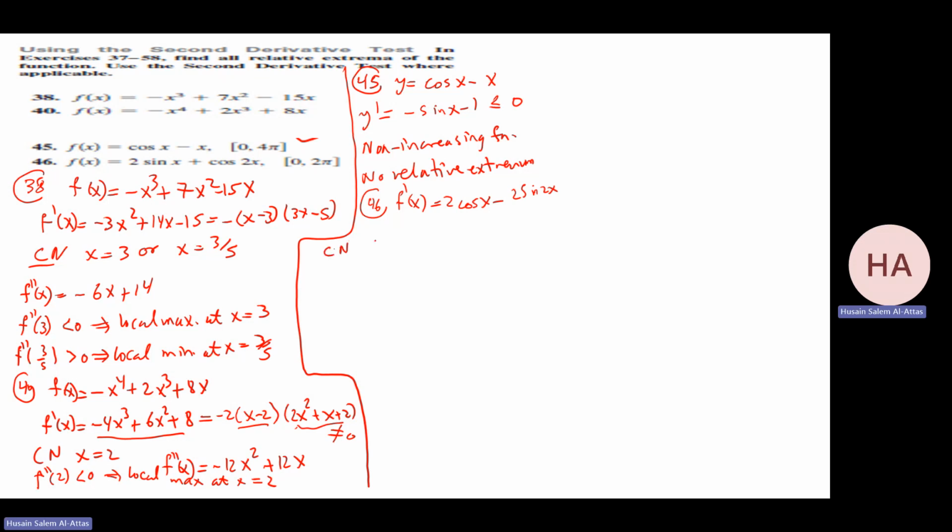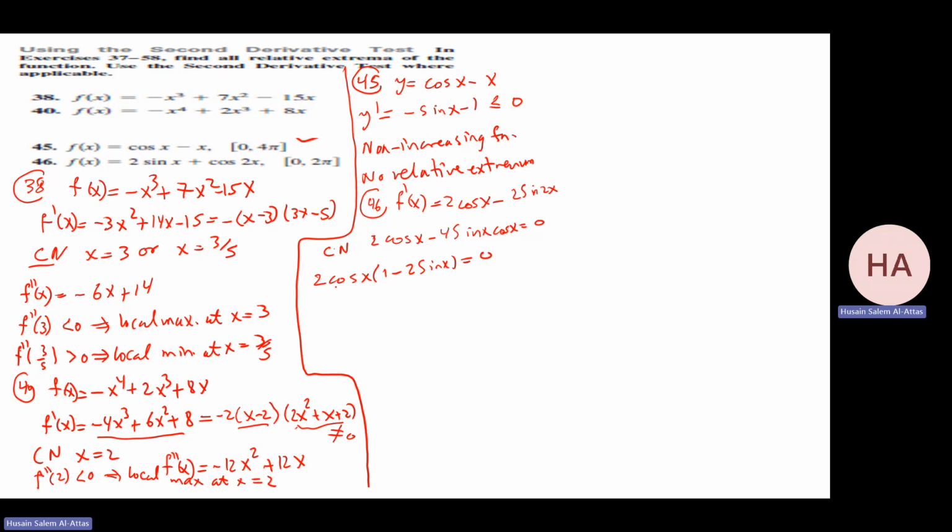To find the critical numbers, I need to solve this. I have 2 cosine x, I can write this as 4 sine cosine equals 0. Can take 2 cosine x common factor. I have 1 minus 2 sine x equal to 0.